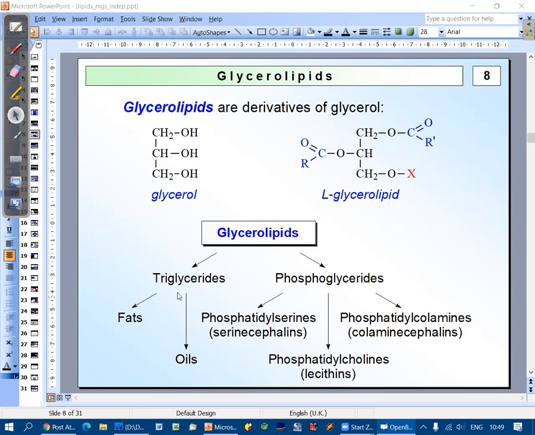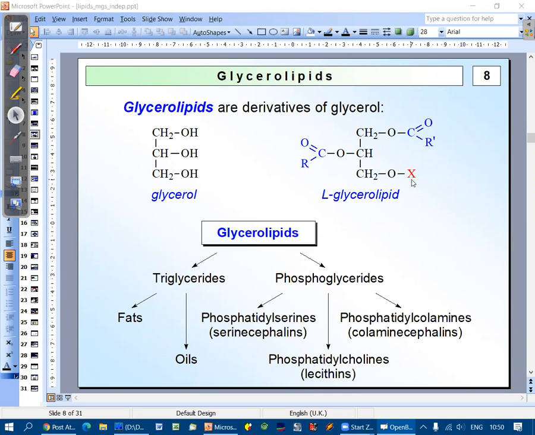But besides the triglyceride, glycerolipids include some more subclasses, and these are phosphoglycerides. This is the general formula of a complex lipid based on glycerol. In all these types of lipids, the first and the second OH groups are esterified by the residues of fatty acids. They are blue here.